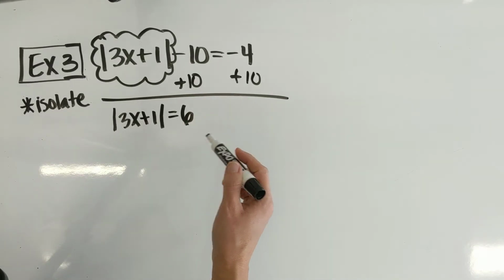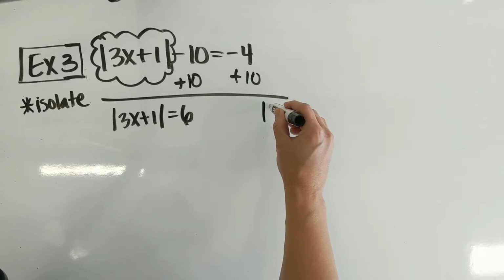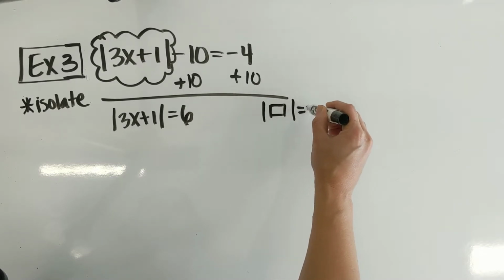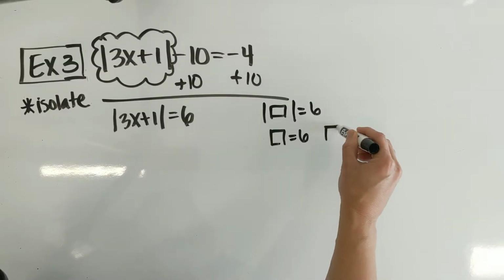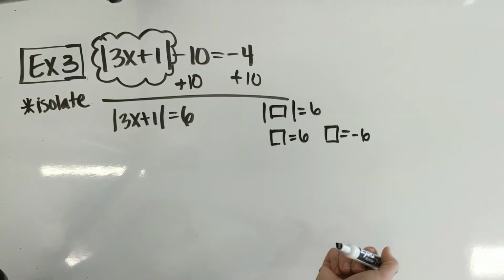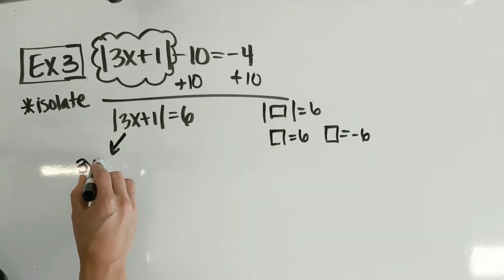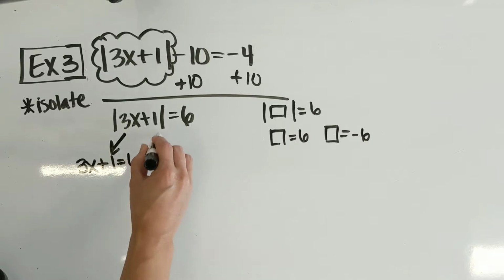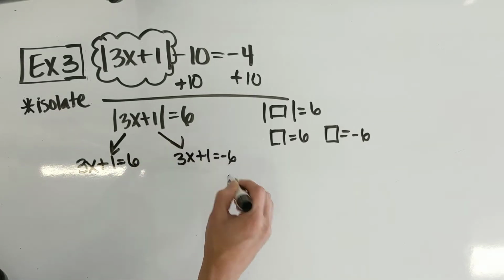So this goes back to what we talked about before, where if I have the absolute value of a quantity and it's equal to 6, well, that quantity inside could be a 6 or it could be a negative 6. So in this case, I'm going to set up my two possibilities. My quantity inside, 3x plus 1, could be equal to 6, or 3x plus 1 could be equal to negative 6.